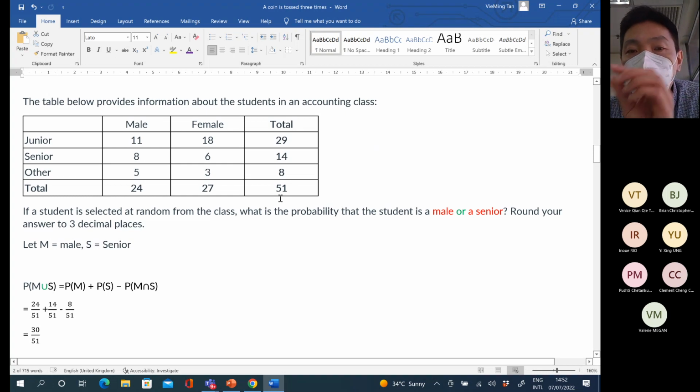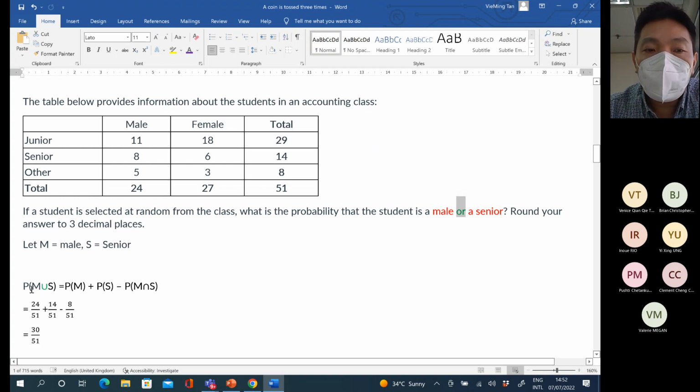So now, as soon as you choose one student randomly, what is the probability that the student is a male or a senior? In statistics, "or" means union. So how are we going to translate this sentence into a mathematical equation?